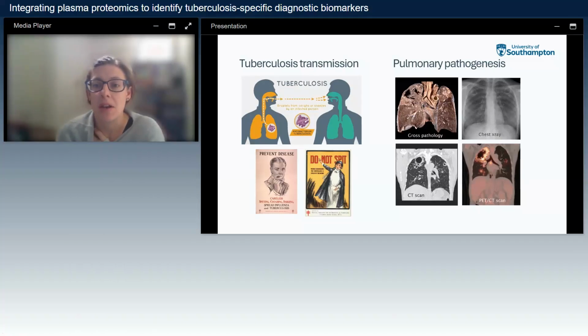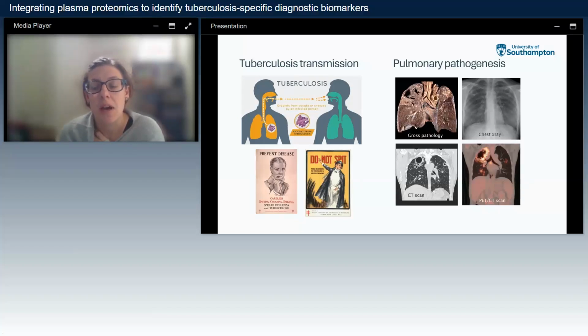TB sets up quite significant destructive pulmonary pathology, as you can see in the images on the right. If you see the lungs macroscopically, you can see the big holes in the tops of the lungs. You can also see cavities on plain film chest x-ray and CT scan.